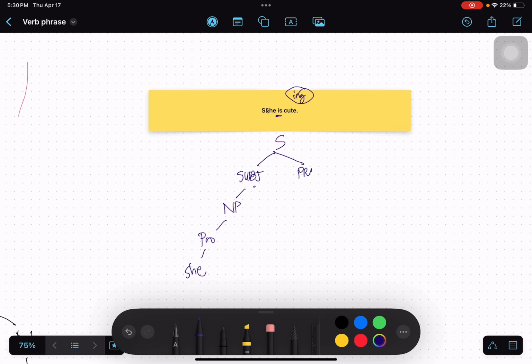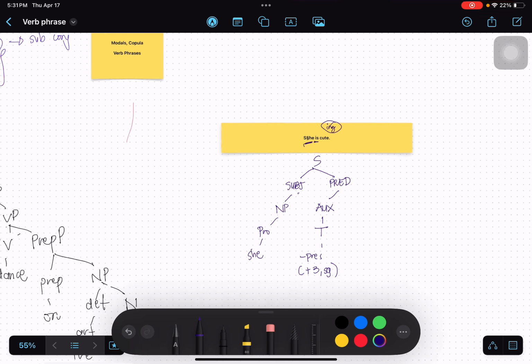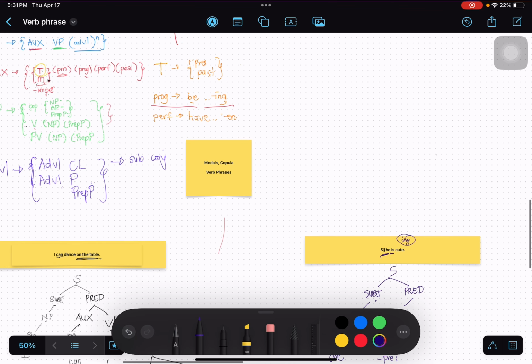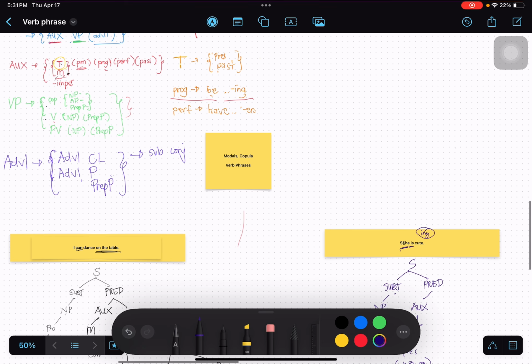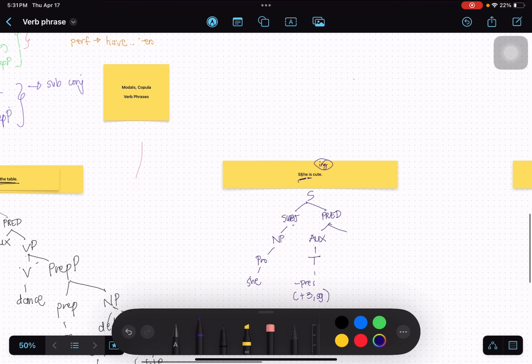So, we have the predicate, the auxiliary, and then the tense. It is present plus 3. Third person yung she. Singular. Okay? "She is cute." So that's tense. And then, where should we put the copula? So we all know the copula should be here. V. Cop.